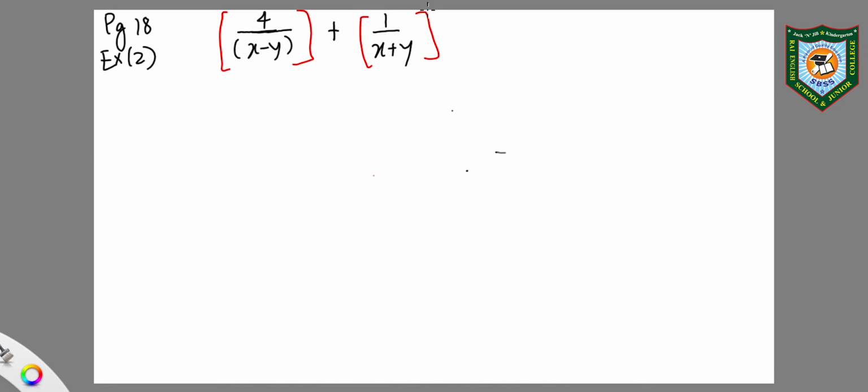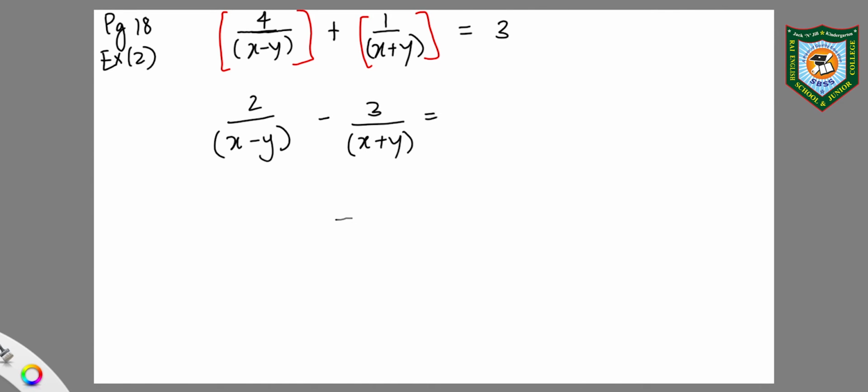So x plus y is again one complete denominator for the second term, and that is equals to 3. This is my equation number 1. My equation number 2 is 2 divided by x minus y and minus 3 divided by x plus y, which is equals to 5.